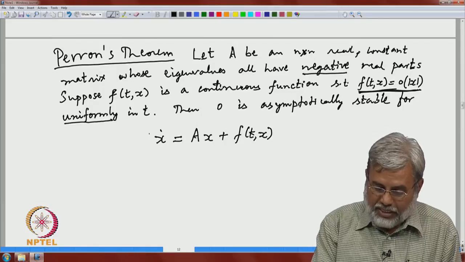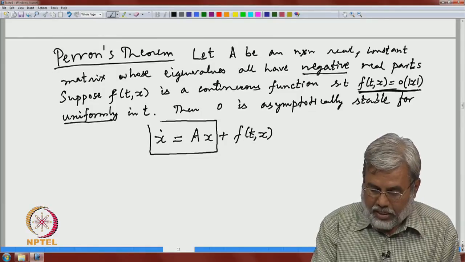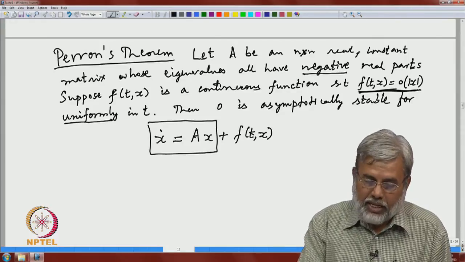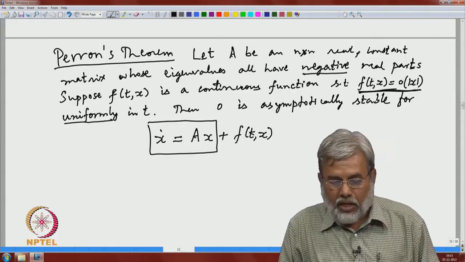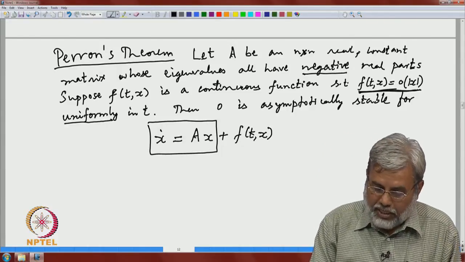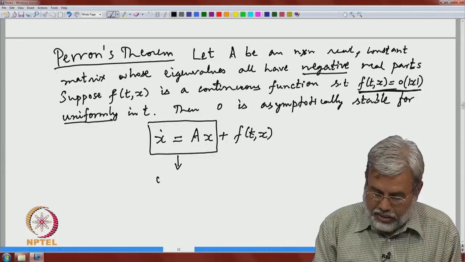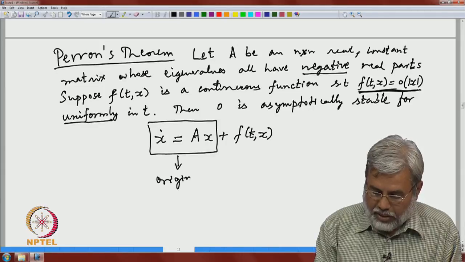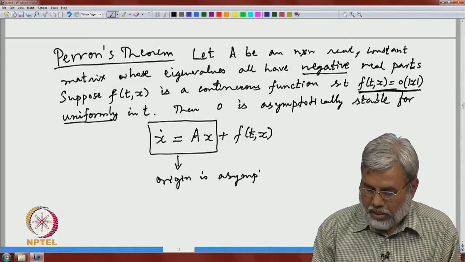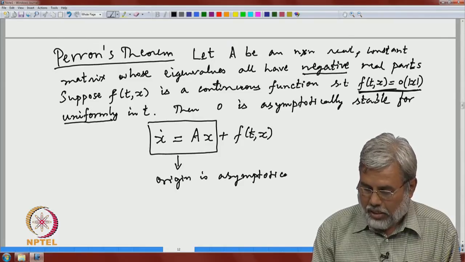So, if you consider this linear part and the hypothesis that the eigenvalues of the given matrix all have negative real parts, here the origin is asymptotically stable. Okay.